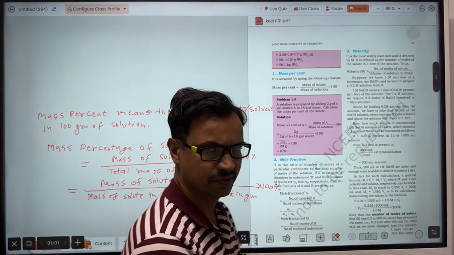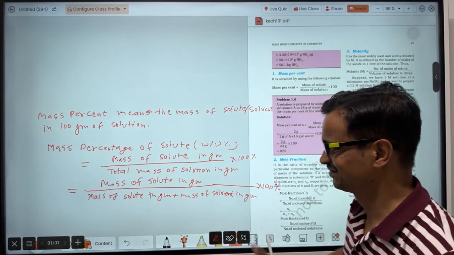So that is mass percentage of solute. You can find it like that.